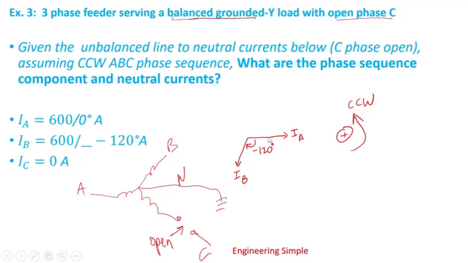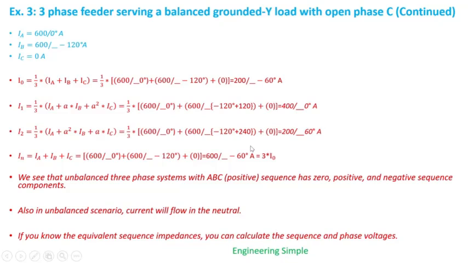So if I draw the phasors here, phase A current is 600 amps at 0 degrees, then B is at negative 120 degrees. So again, if we do the same thing, for zero sequence current, I basically plug in the numbers here, so I get 200 amps with an angle of negative 60 degrees.